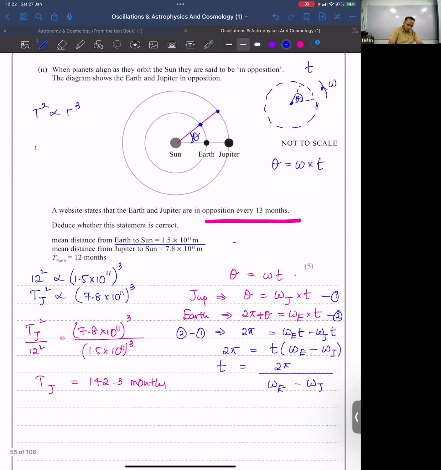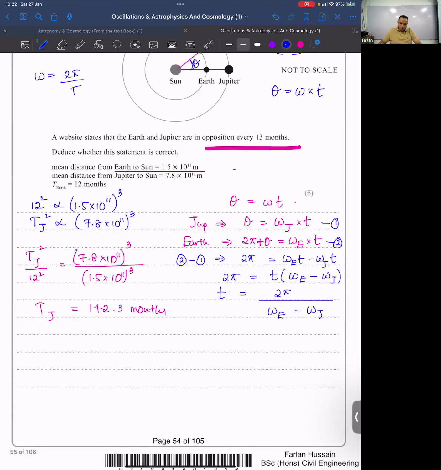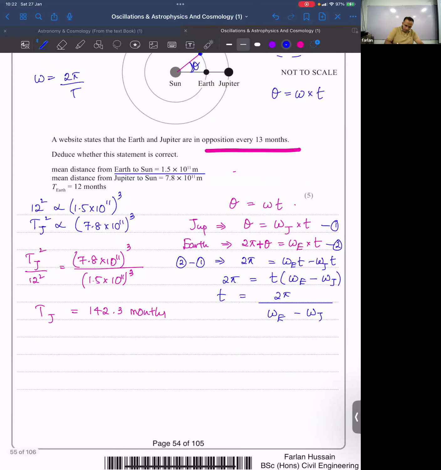So what is this omega Earth minus omega Jupiter? Omega is given by 2 pi over T. So omega Earth will be, in terms of radians per month, 2 pi over 12. Omega Jupiter will be 2 pi over 142.3.